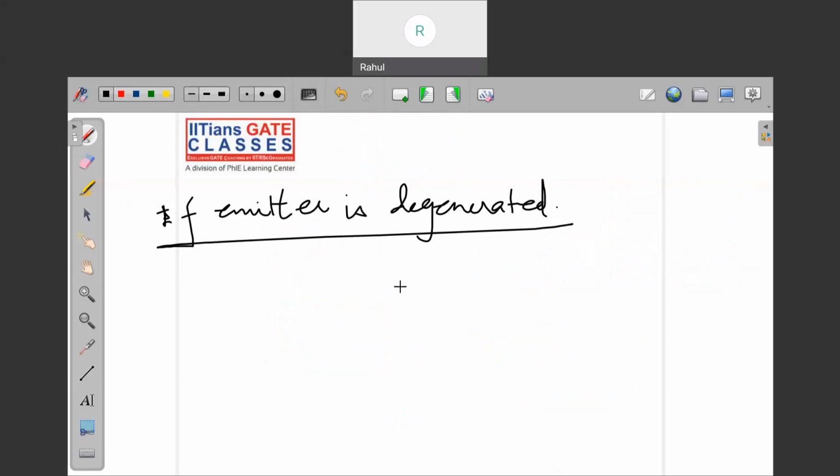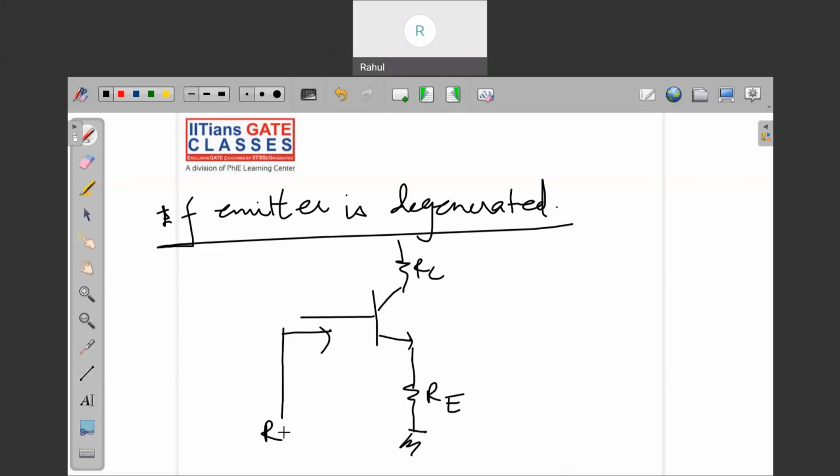If RE is added, the voltage gain will be reduced, but the input impedance will be increased. Suppose this RE is present here, and this is RC, and you have to see the impedance from here, RIN. Initially your RIN was R pi, plus this RE will be transferred to the base terminal.